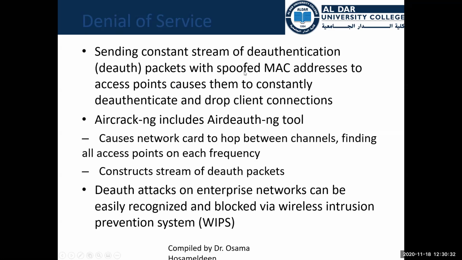If I send it with a spoofed MAC address, this means I'm sending it with the wrong data, and it is going to de-authenticate from this access point, and then another one, and then another millions, and then another thousands, and it will stay forever making de-authentication. This is going to stop the access point permanently. It cannot continue with the users, and it will drop the client connections.